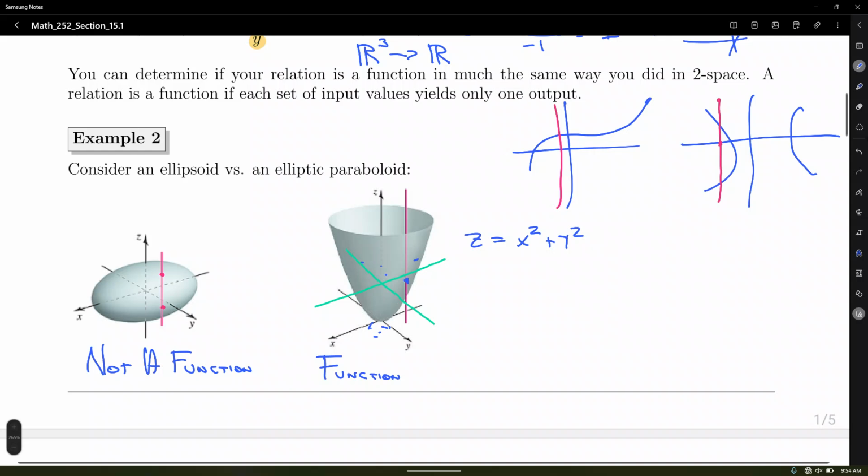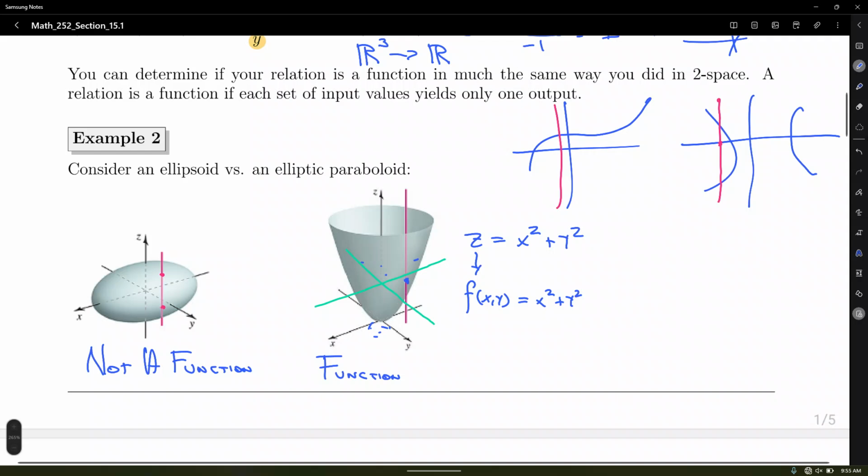However, when we have solved explicitly for z, then we may define z as a function of x and y, equal to x squared plus y squared.